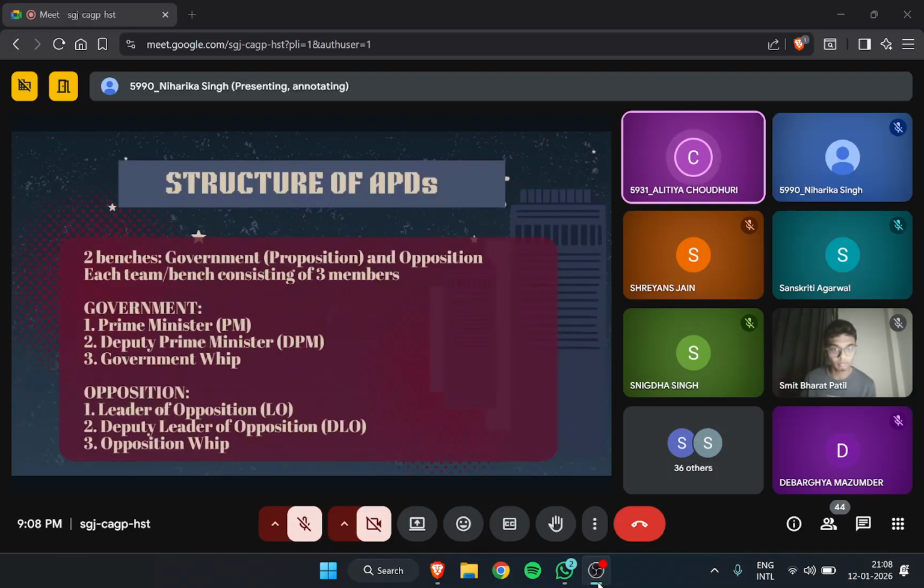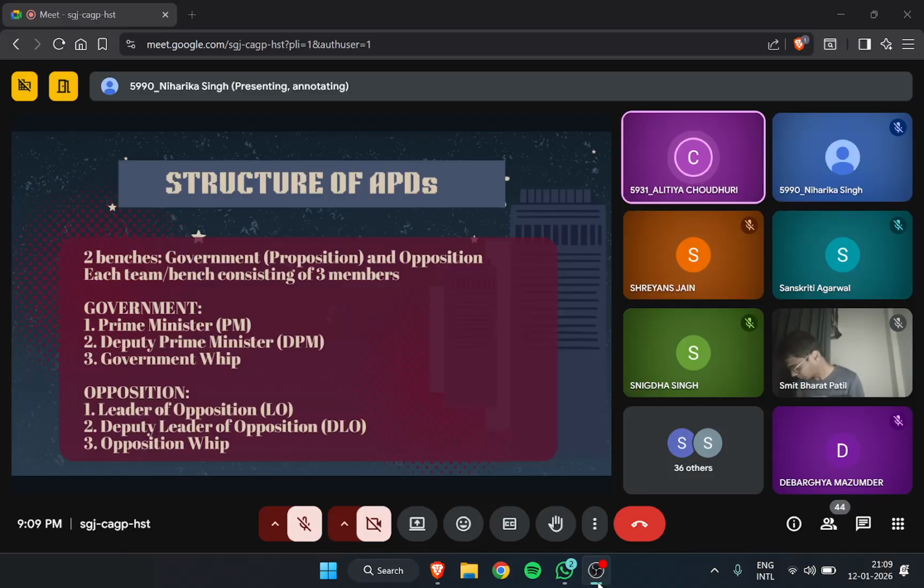Right. So, what exactly are APDs? Just like your normal standard debates itself, there is going to be someone who is for the motion, but here that side is known as the government or the proposition. And second, you have someone who's going to go against the motion inherently, and that side is opposition.